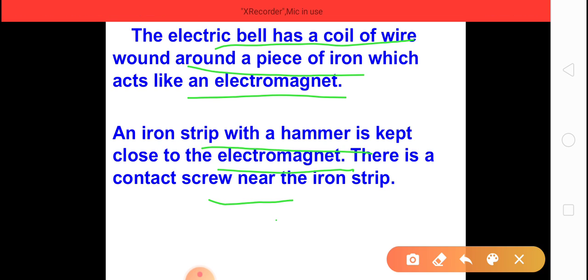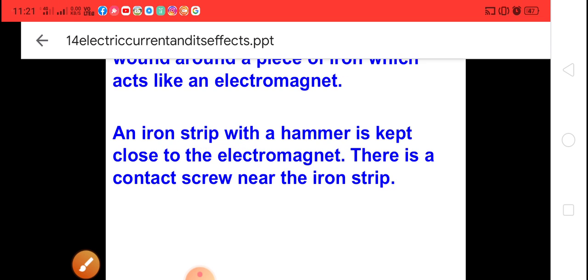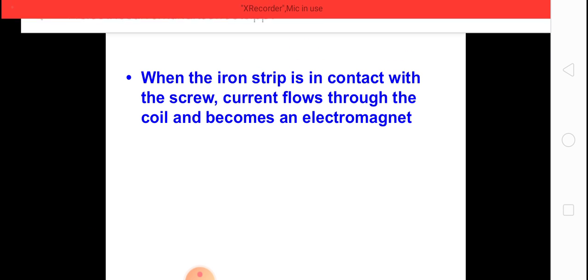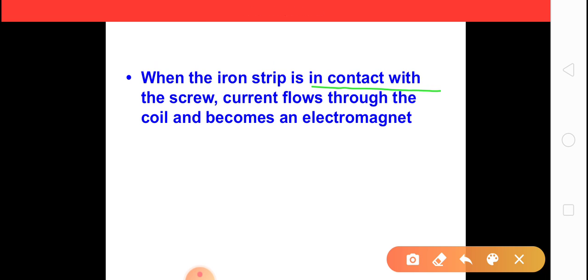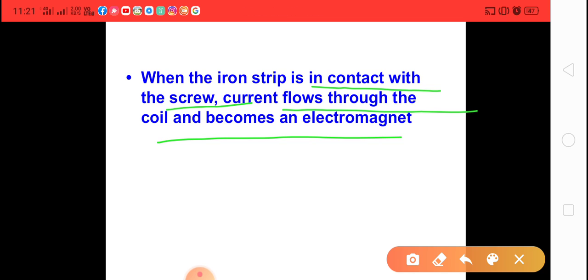There is a contact screw near the iron strip, and when the iron strip is in contact with the screw, the current flows through the coil and it becomes an electromagnet. So we can say that, children, the electric bell consists of an electromagnet, springy iron strip, a hammer, a gong, and a switch.